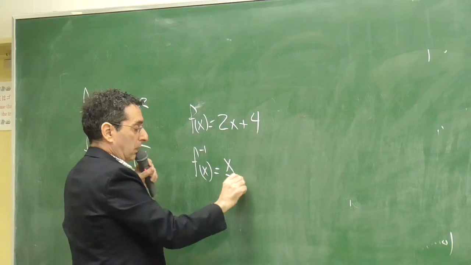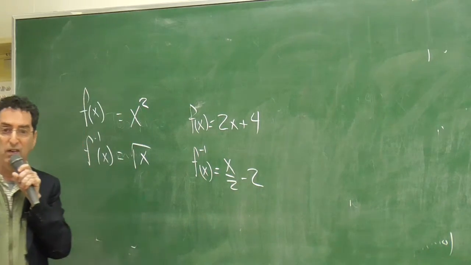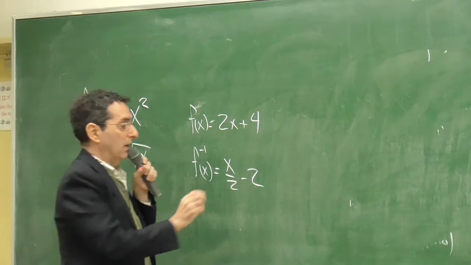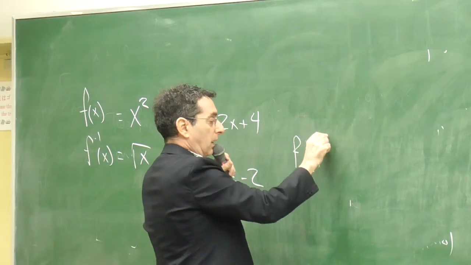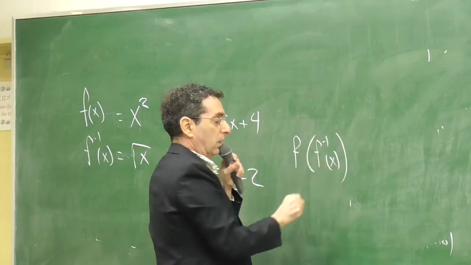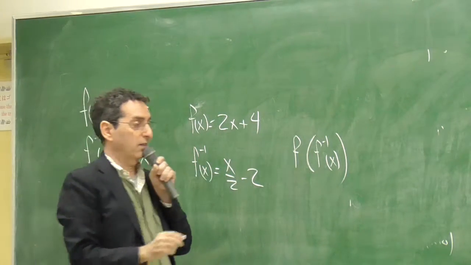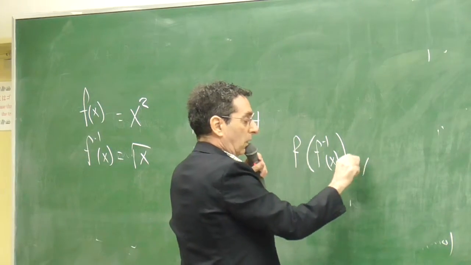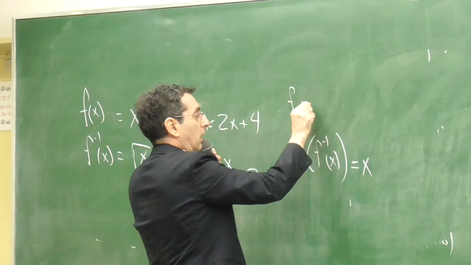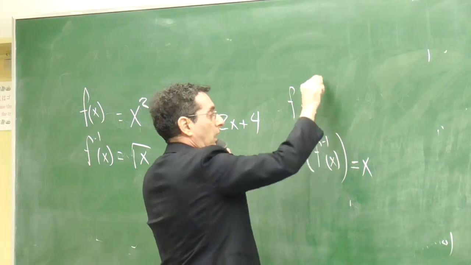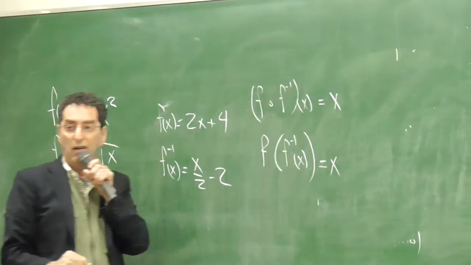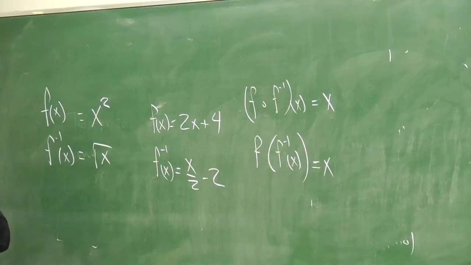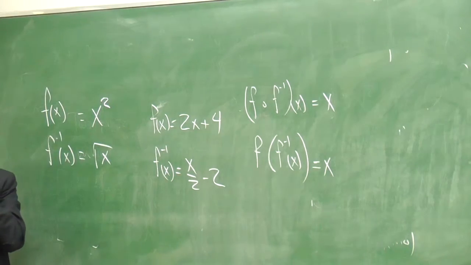X over 2 minus 2, right? Okay, and so this means that if you do f and then f inverse, you get what? X. Or if you want to write it this way, okay? Okay, so that's just the notation for inverse of a function.